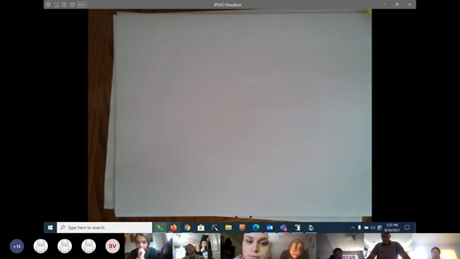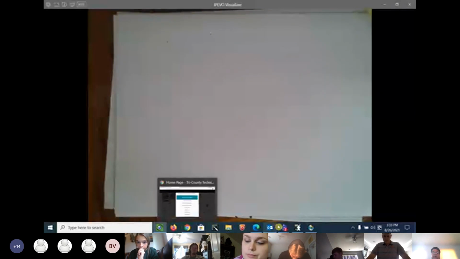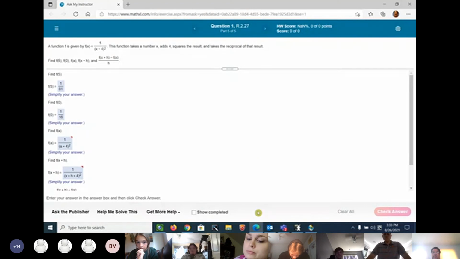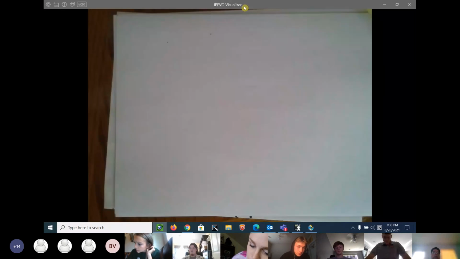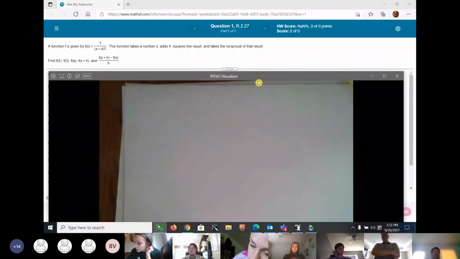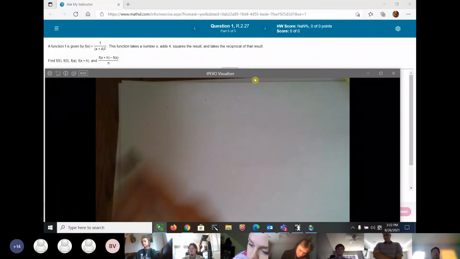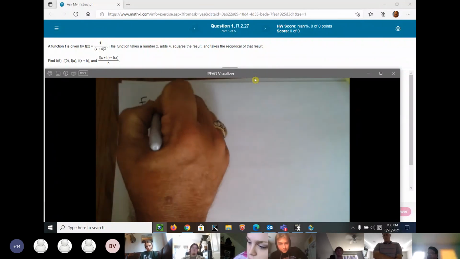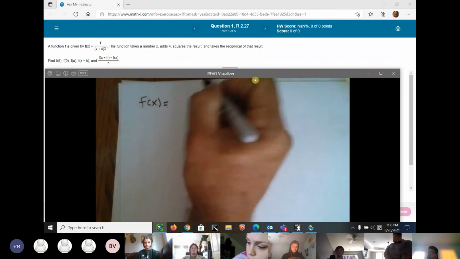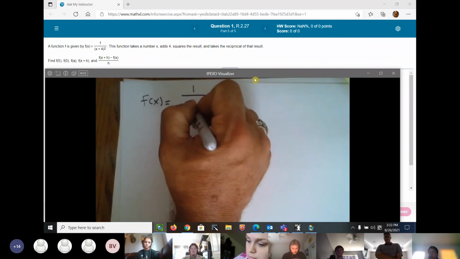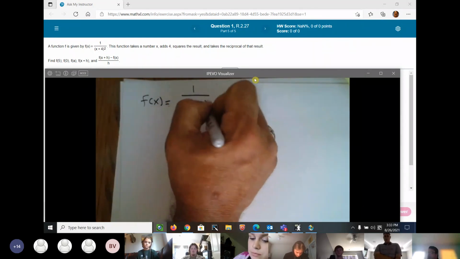Let me go back and find the question if I could ever find it. Here it is. Here is the function. F of x is equal to 1 over x plus 4 quantity squared.